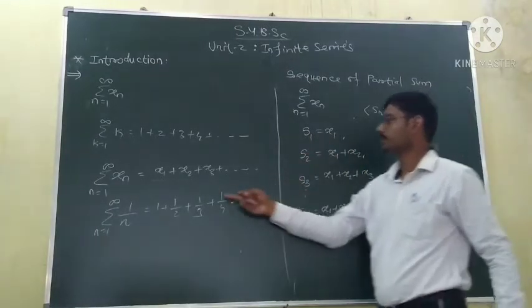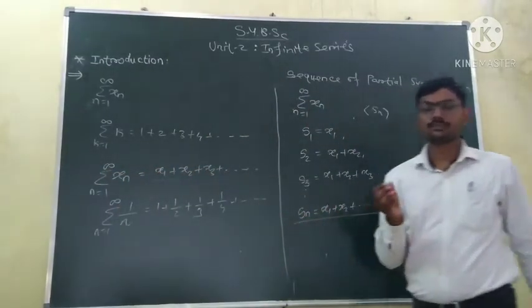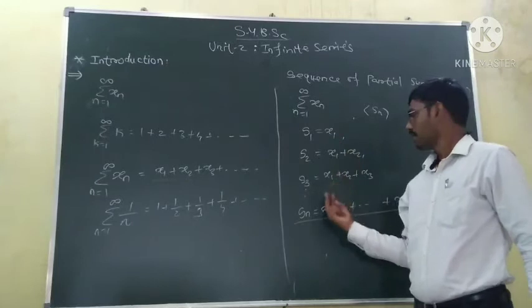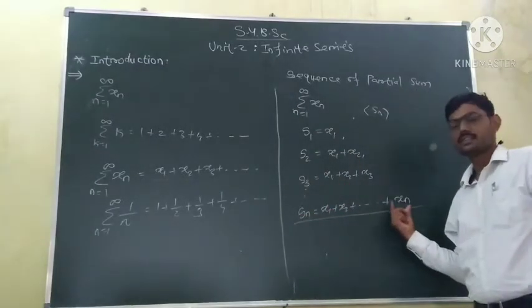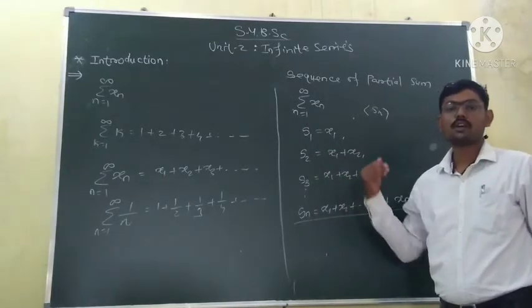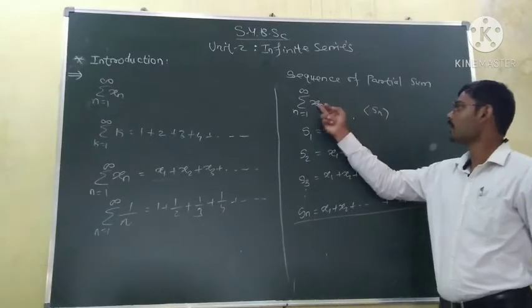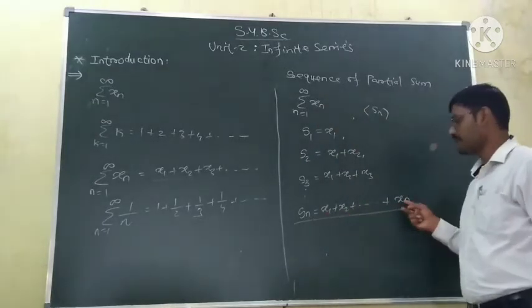It is a series, but we are defining a sequence whose nth term is the sum of the first n elements. So this sequence is called the sequence of partial sums for this series.